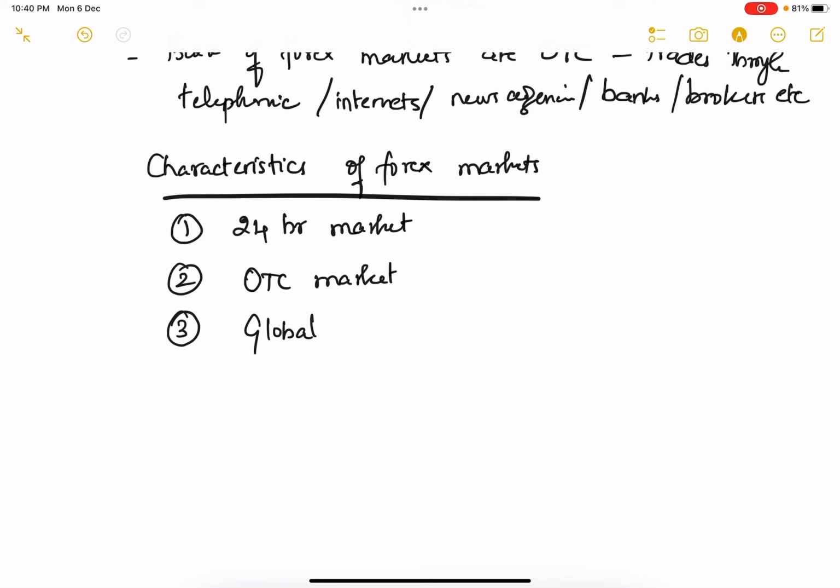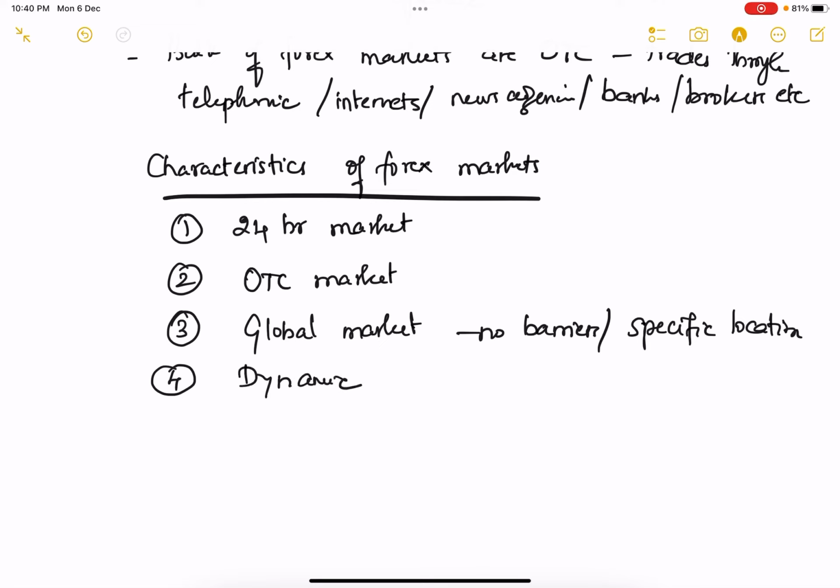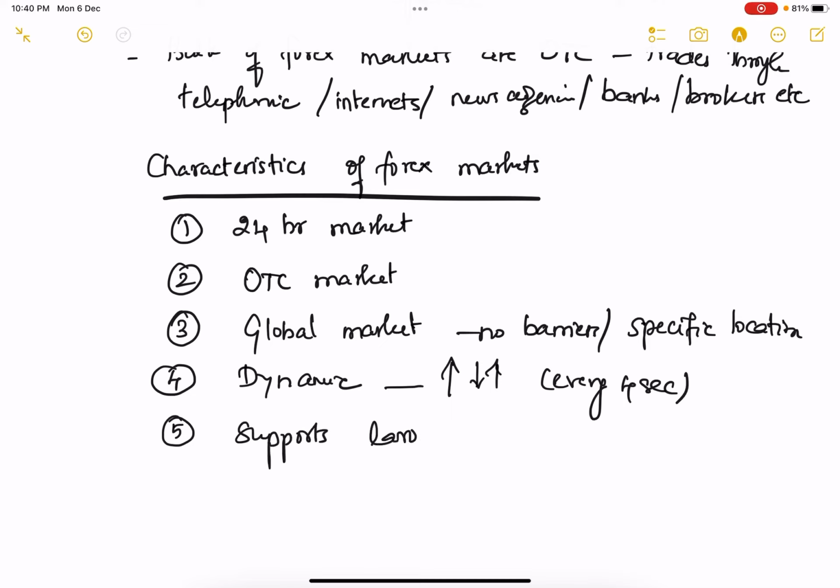As I told you, it is dynamic and it is a global market with no barriers or any specific location. So there is high fluctuation in currency rates, that is for every 4 seconds. It supports large capital and trade flows.